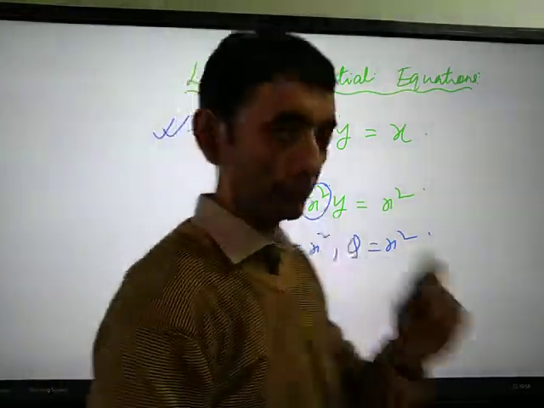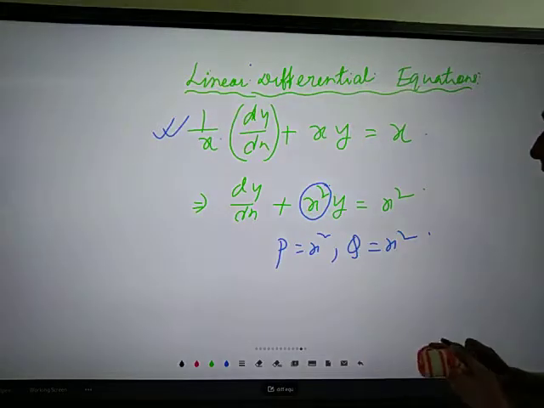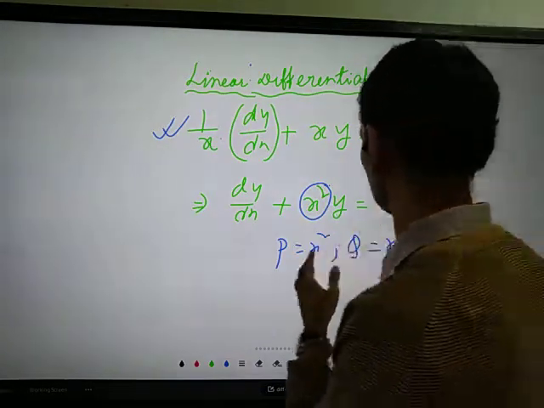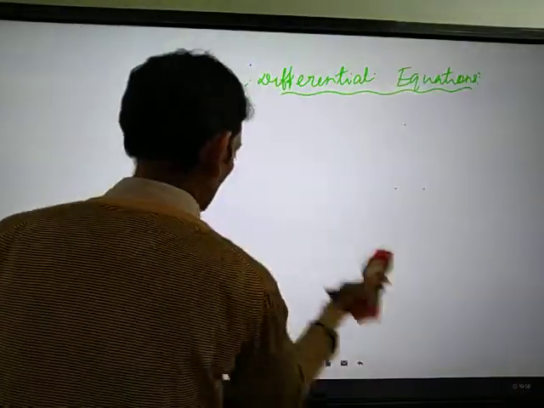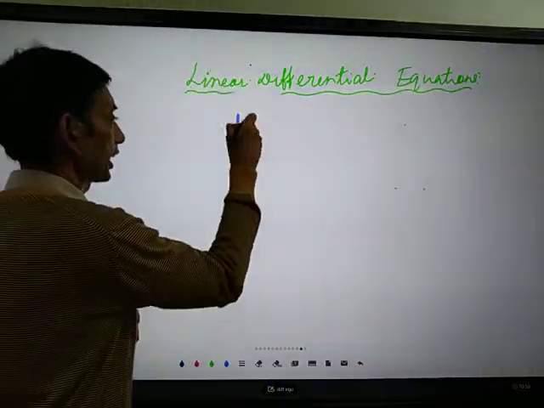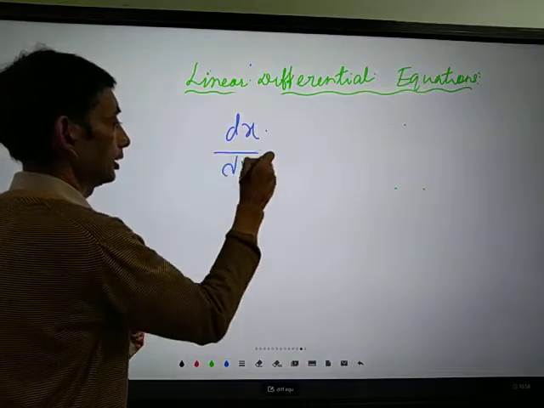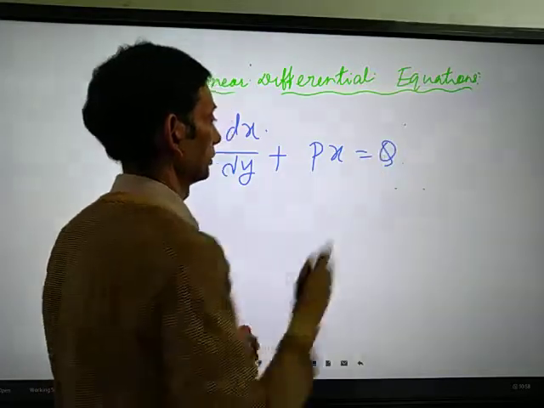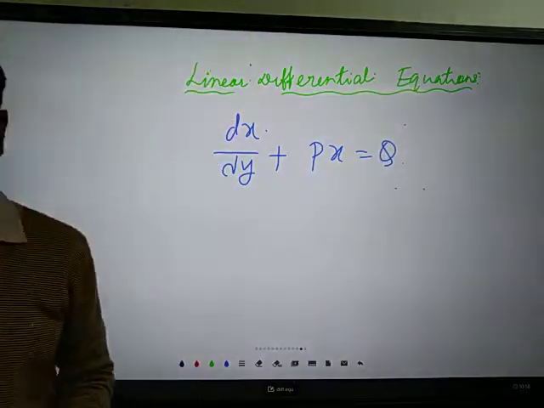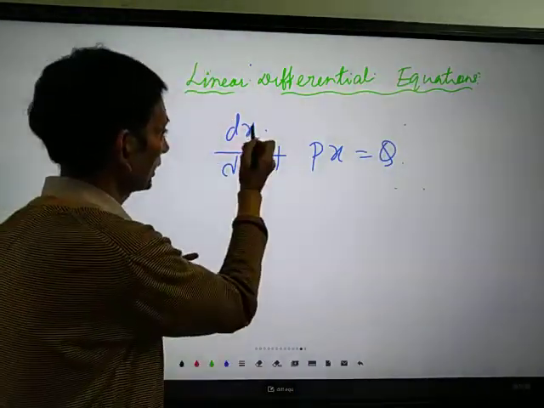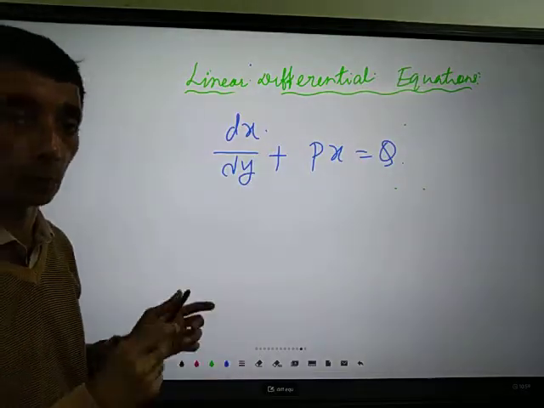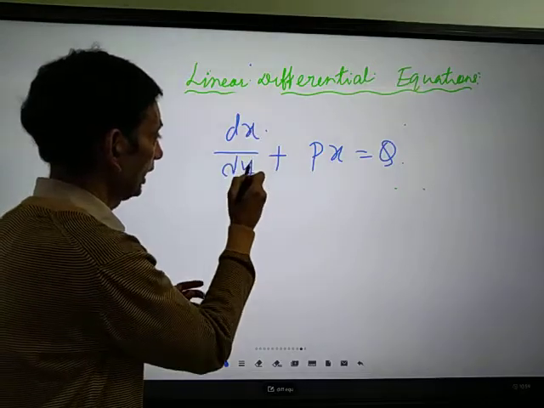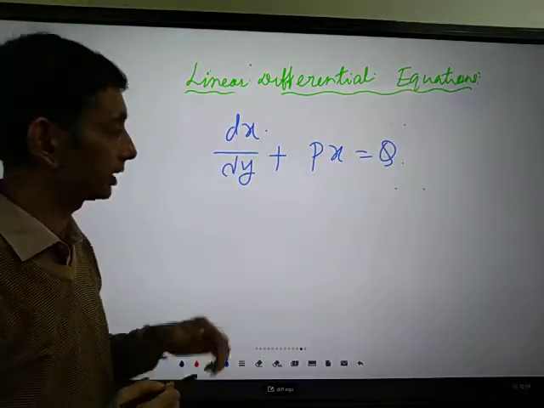Now we have another form of linear differential equations, and we are going to discuss that also. What is the other form? We can write it in the form dx by dy plus px equal to q. Exactly similar to the previous one, but instead of taking the dependent variable as y, in this equation the dependent variable is x and the independent variable is y.